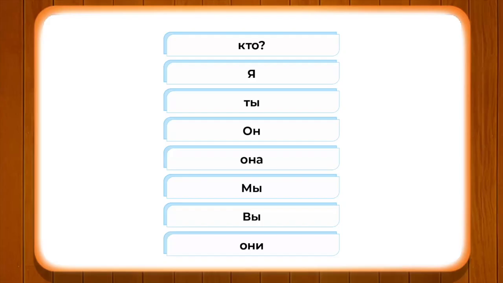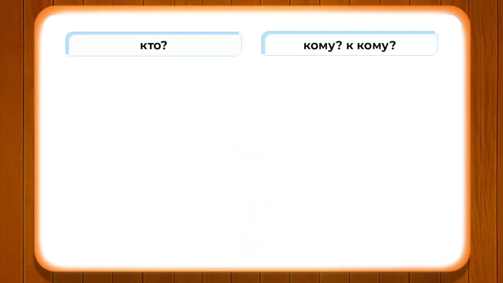Now, if we change simple nominative into the dative, the question changes into komu and k komu.